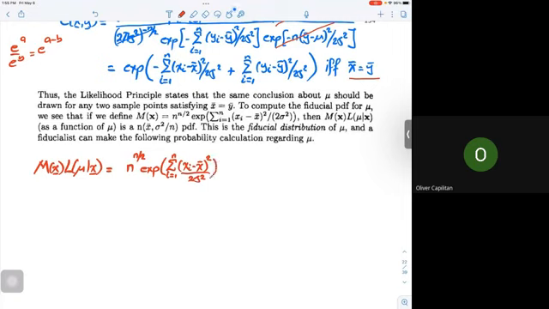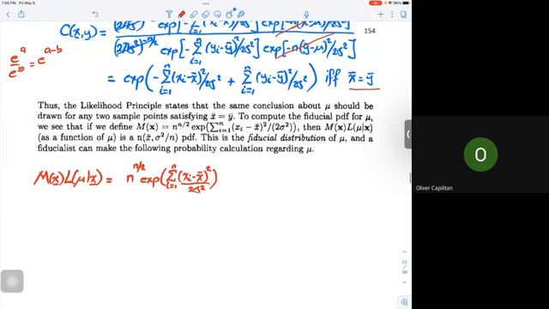That's for our m of x and our likelihood function. Okay? Yung ating likelihood function, what do we have? We have 2 pi sigma square raised to negative n over 2.